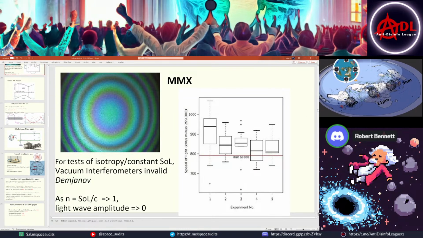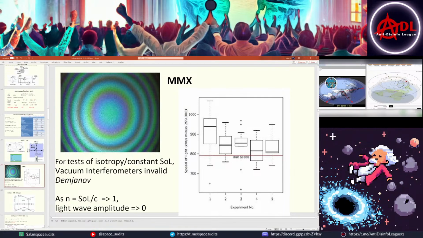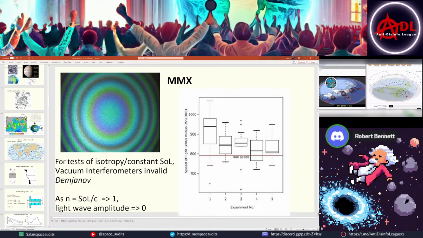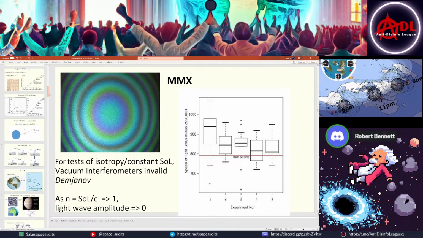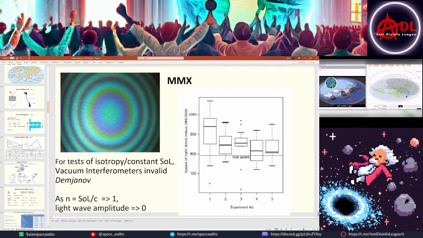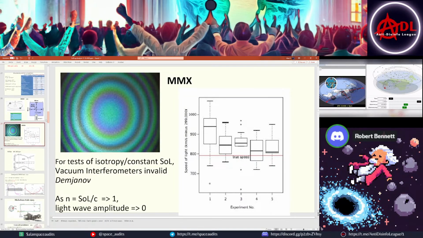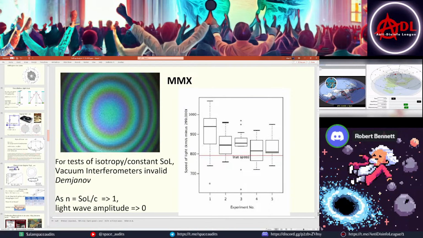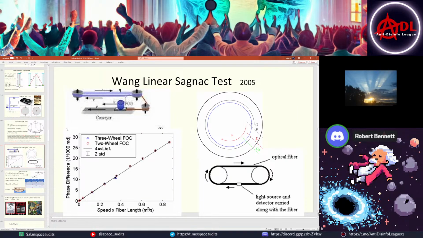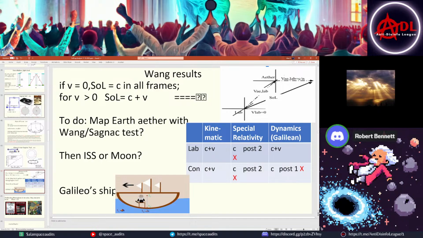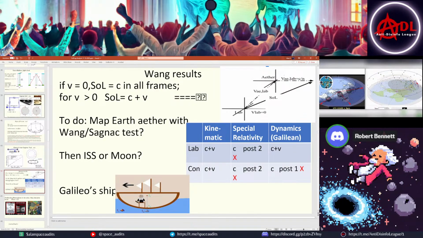Okay, they found that the speed of light is c plus v. Okay, the v we interpret as the speed of the ether that's created by the motion of the mass. In the case of Sagnac, it's the rotating disk, so you get a rotating vortex. In the case of Wang, he has a glider that goes back and forth, and it drags the ether along with it at the same speed, and that's what's measured.